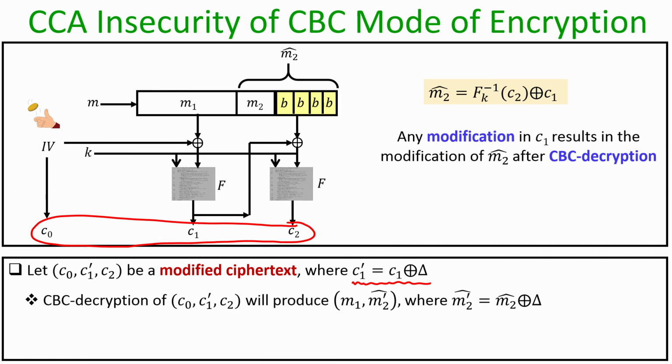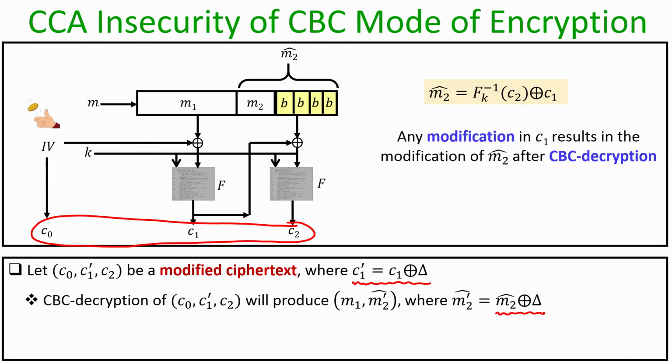Now, when the receiver receives this modified ciphertext and tries to decrypt and recover the second padded message block, it is going to result in what the receiver is supposed to recover, XORed with delta.